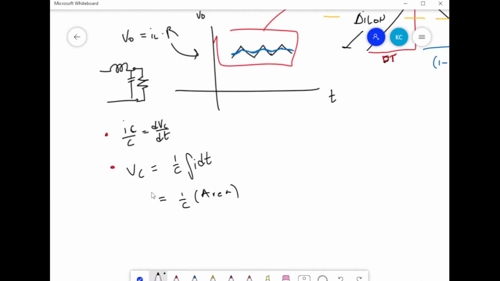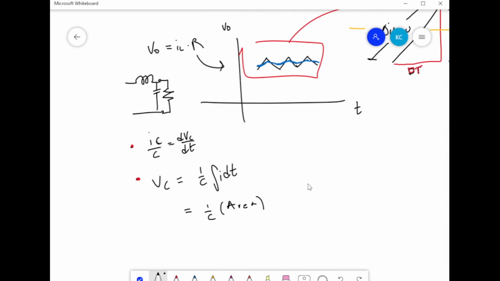We can use this formula here for the capacitor, where the voltage on the capacitor is 1 over the capacitance times the integral of the current. Or we're summing up a bunch of currents with every piece of time, and we're adding that together, and that's how we get our voltage.